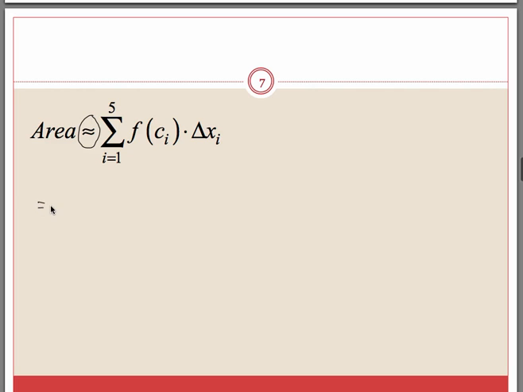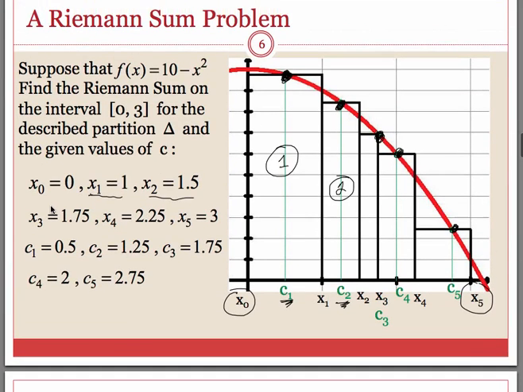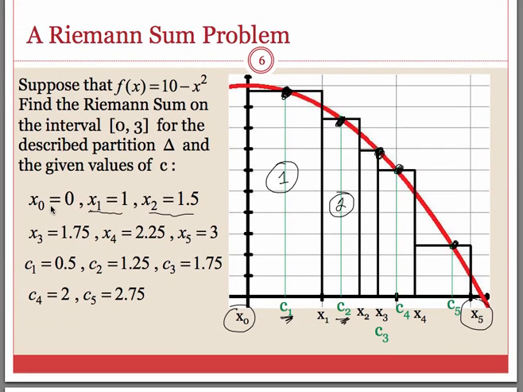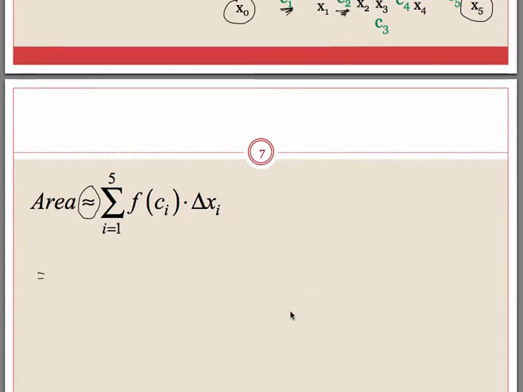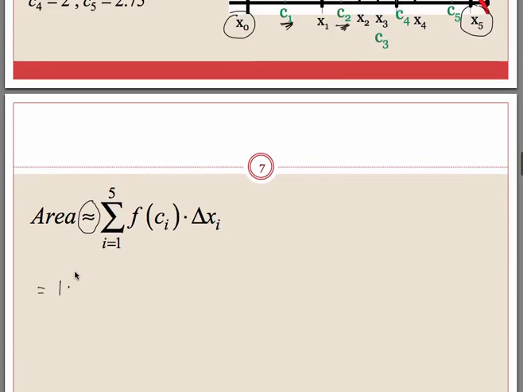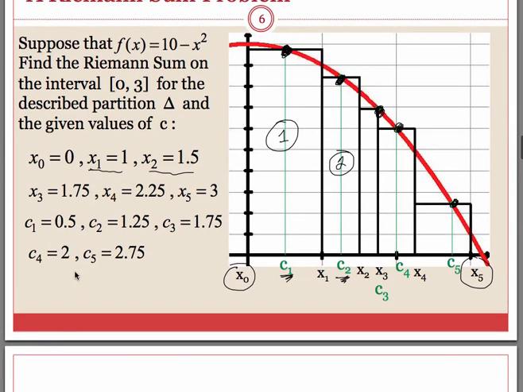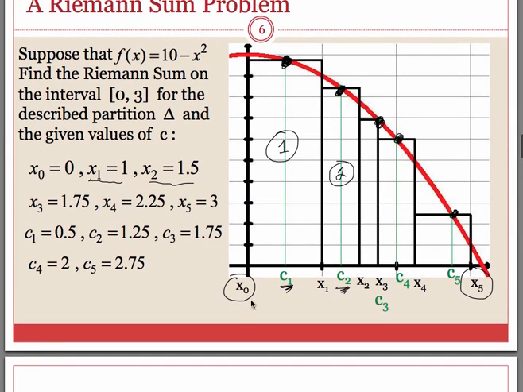All right, so the first rectangle, and we'll keep flipping back and forth between the diagram and our work. The first rectangle, remember, went from x0 to x1, so that had a width of 1. Now we need to multiply that. Remember we said we were going to get the height of that rectangle by substituting C1, which was equal to 1/2, into the function.